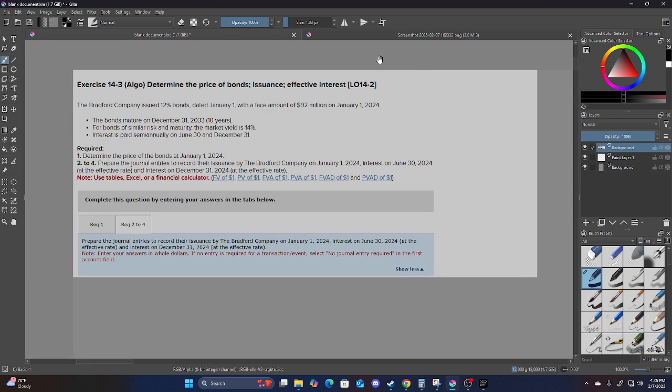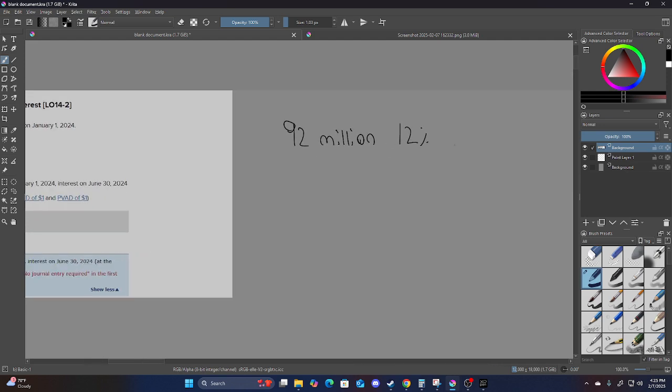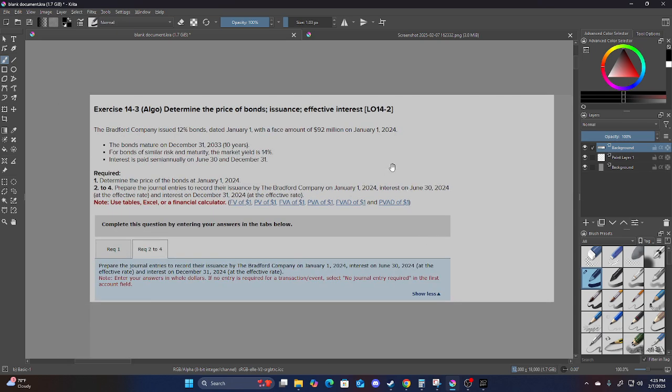So the bonds mature in 10 years. The market rate is 14%.